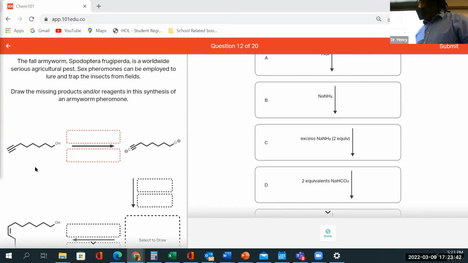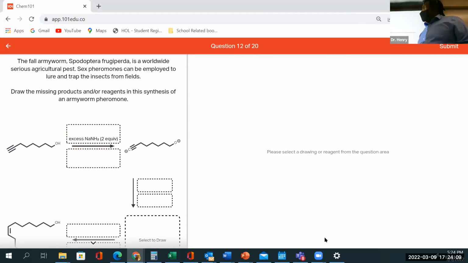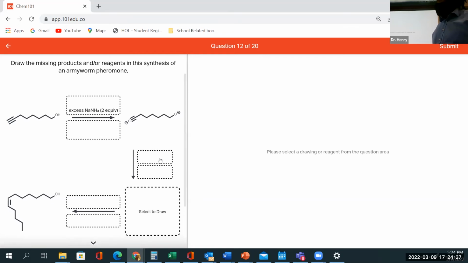Excess or equivalent? Okay, and then what is going to get us to our intermediate? And ultimately here.